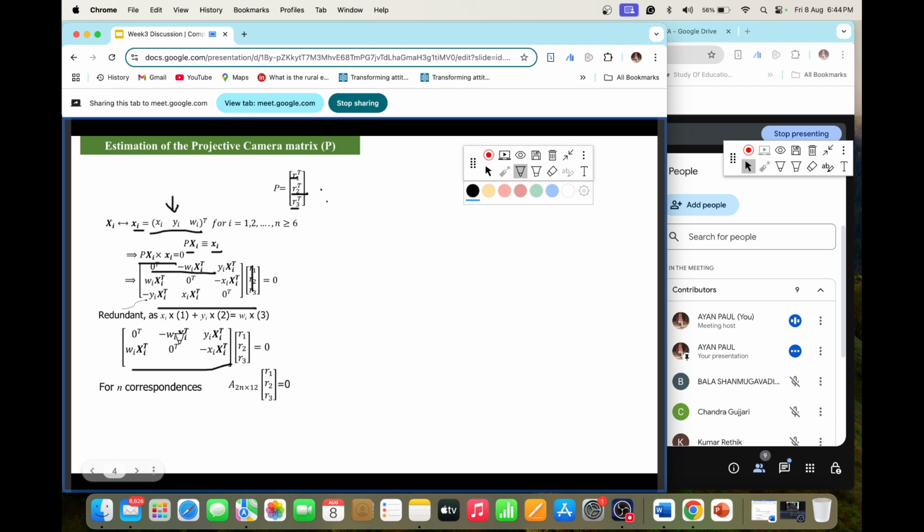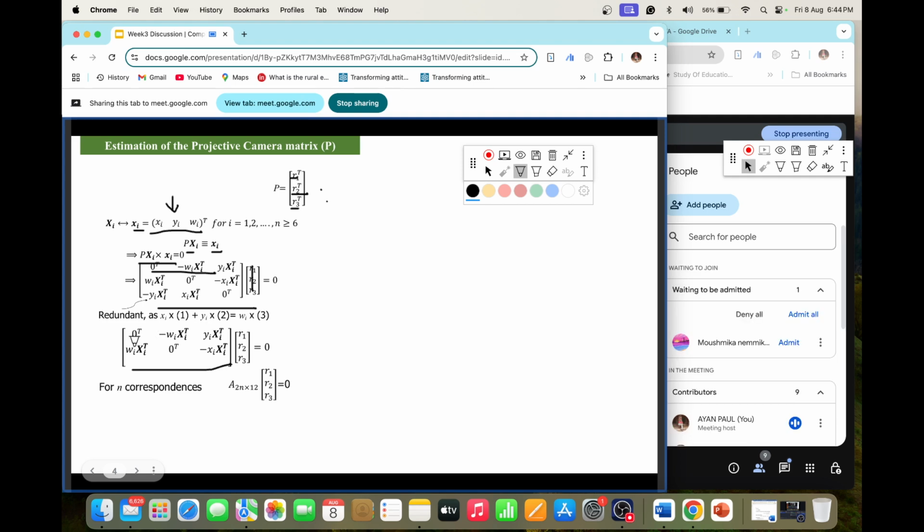Each point will give us 2 equations, and we will require 6 points to solve the matrix, because our matrix has 11 DOF, that means 11 variables. So for each point we get 2 equations, and with 6 points we get 12 equations. By these 12 equations we can solve this P matrix.